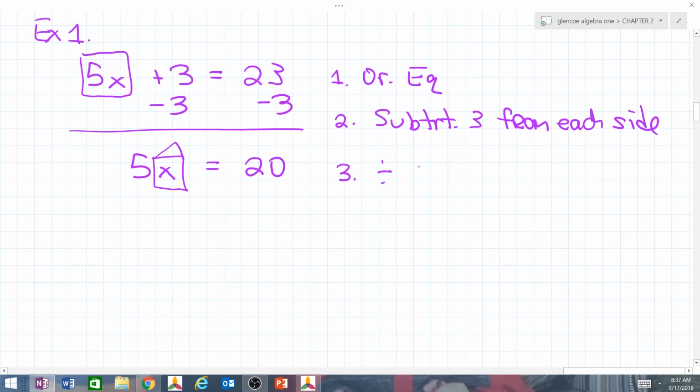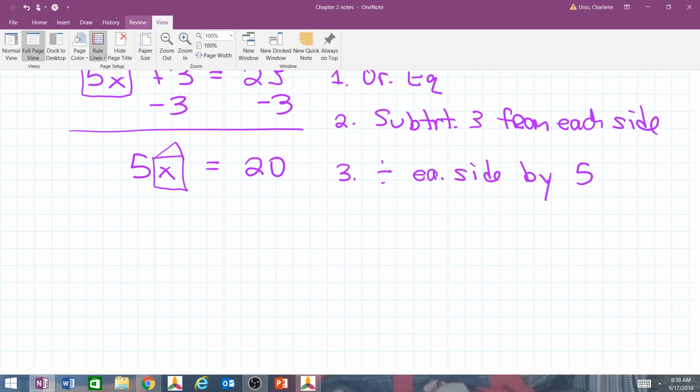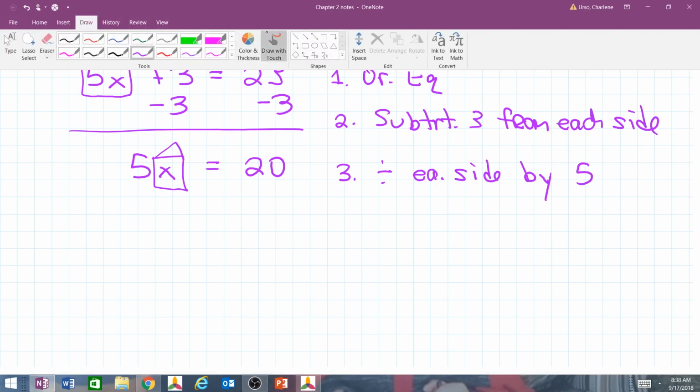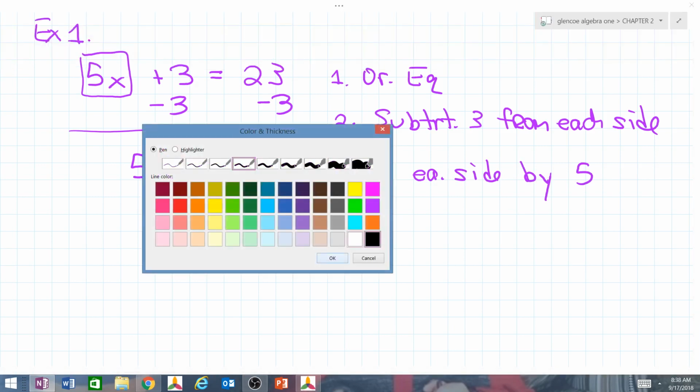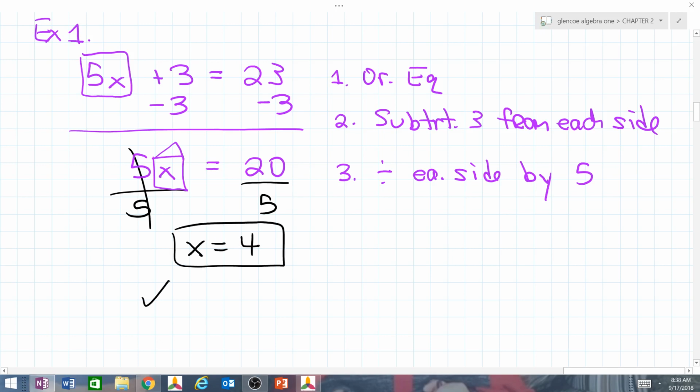So now we are going to divide each side by 5. Y'all with me? Good job. So we divide each side by 5. And we get what, guys? X equals 4. Now you can check your work. You can check it mentally really quickly. 5 times 4 is 20. 20 plus 3 is 23. Are you with me?